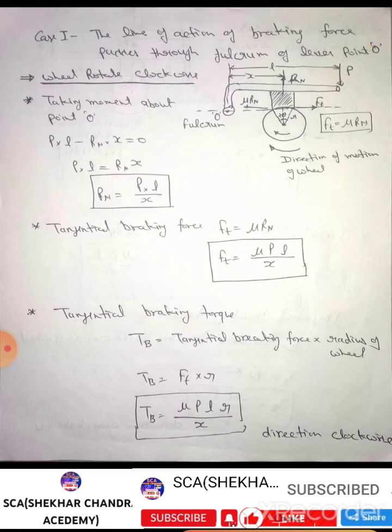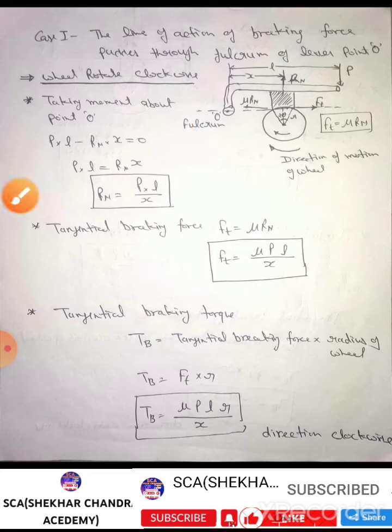P into l is the couple in clockwise direction about point O, minus Rn, normal reaction, into perpendicular distance x. This is in anti-clockwise direction about point O.